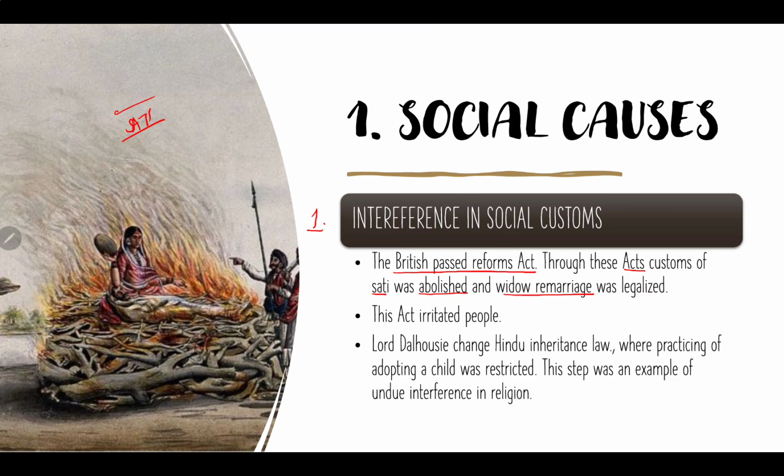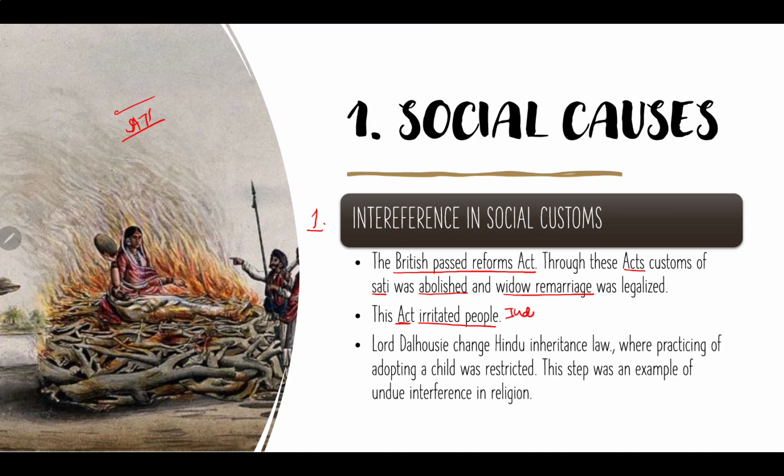These social evils that were practiced in India were changed, and widows, whose husbands had already died, were legalized to be married again. These kinds of changes and acts that were happening in India, the British tried to change, and this act irritated the people of India.